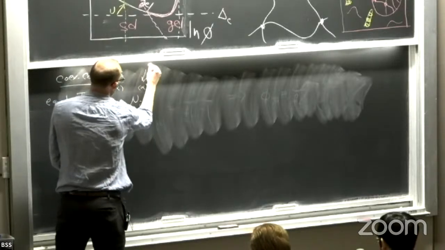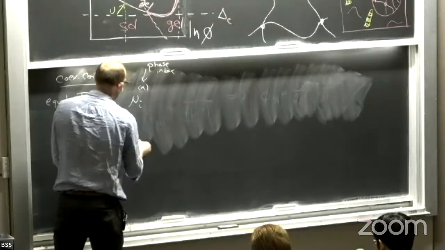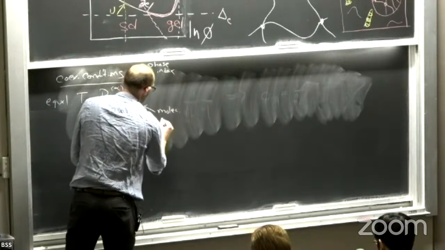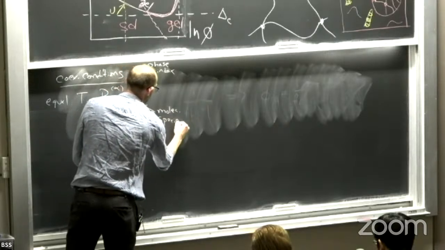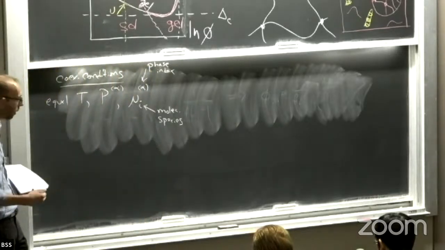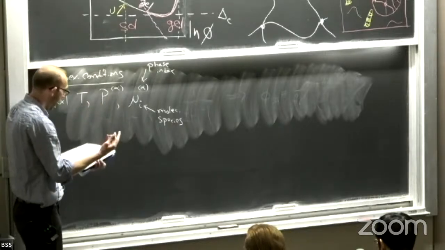So the alpha is the phase index, right? And the I some molecular species. Okay. So all of these things must hold for all phases and all molecules.